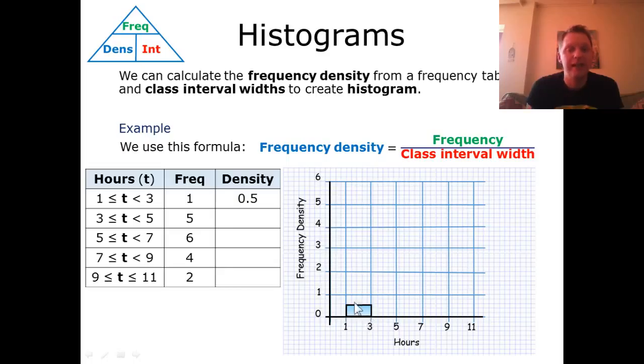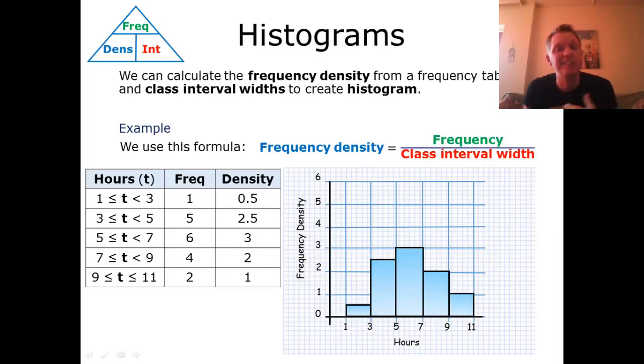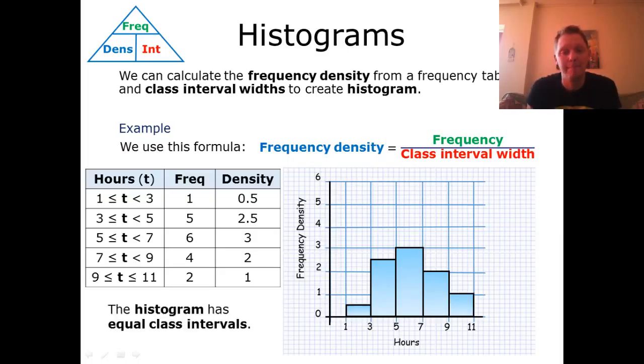So my bar is going to be the width of my interval, but the height of 0.5, because when we're dealing with histograms, frequency density is my vertical axis. Doing the same for my others, that has produced this histogram.